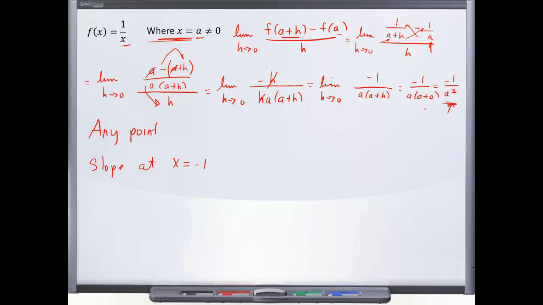You take this and you plug in negative 1 where you see an a, and you get the slope. So it's kind of nice, because now we can find the slope without having to have a particular point. When I went through all of these steps, I actually came up with a function that allows me to plug in any point.